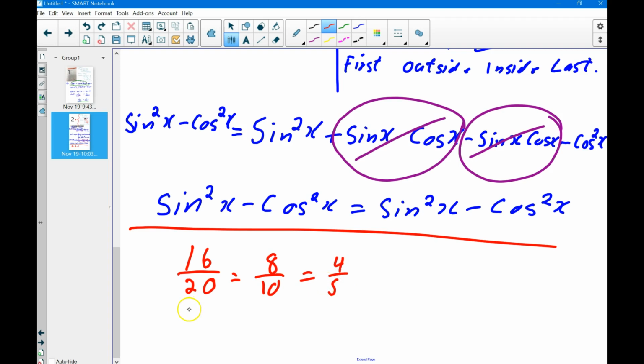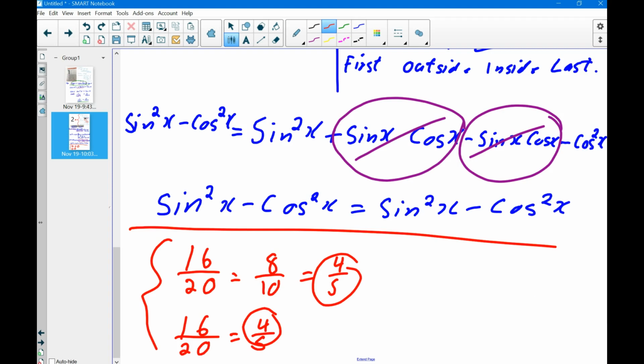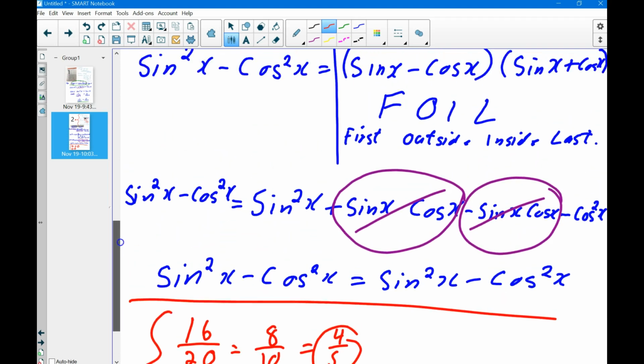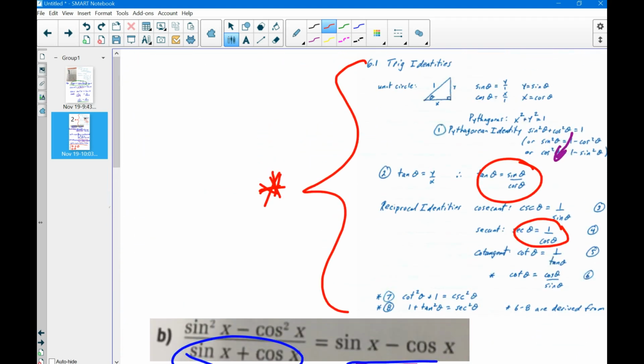But if I divide top and bottom by 4, right away I see it's going to be 4/5. Both of them are the same answer. I arrived at them two different ways. Doesn't matter. So anyway, the point is, attack these the best way you know how, and you can't underestimate knowing your identities off the top of your head, and it'll make this a lot easier.